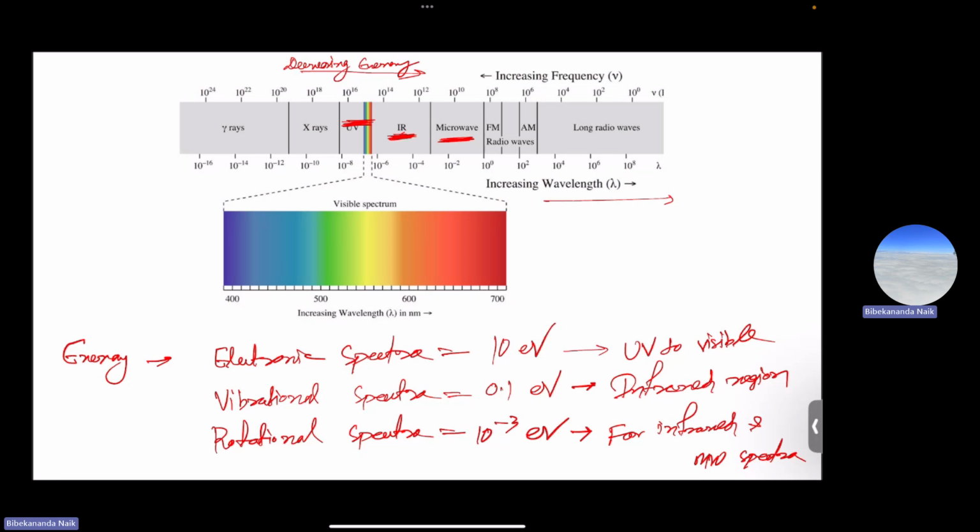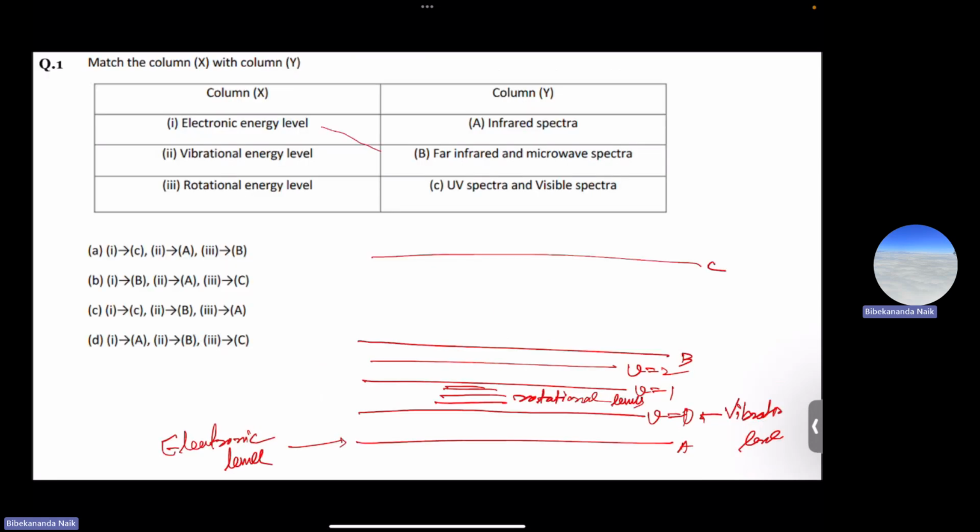So the electronic energy level will be UV and visible, the vibrational energy level will be infrared spectra, and the rotational energy level will be far infrared and microwave spectra. So what will be the correct option? The correct option will be 1 is C, 2 is A, and 3 is B. So the correct option is option A.